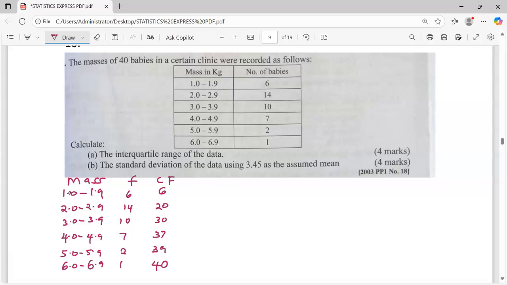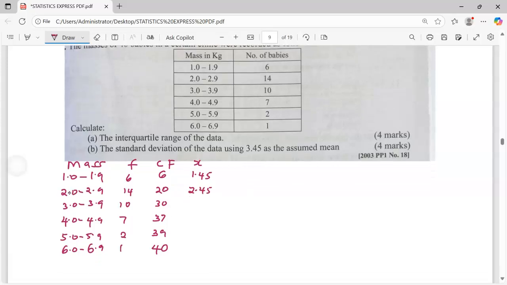Once we have done that, we can now get the midpoints again. The midpoint is 1 plus 1.9, you divide by 2. This one will give us 1.45. Then 2 plus 2.9 divided by 2, you get 2.45.